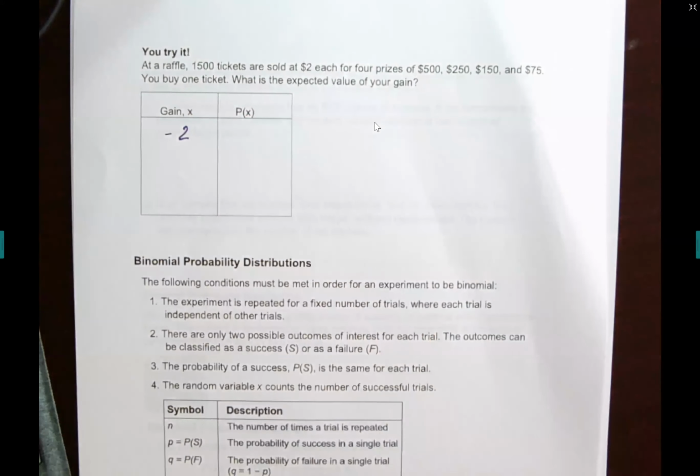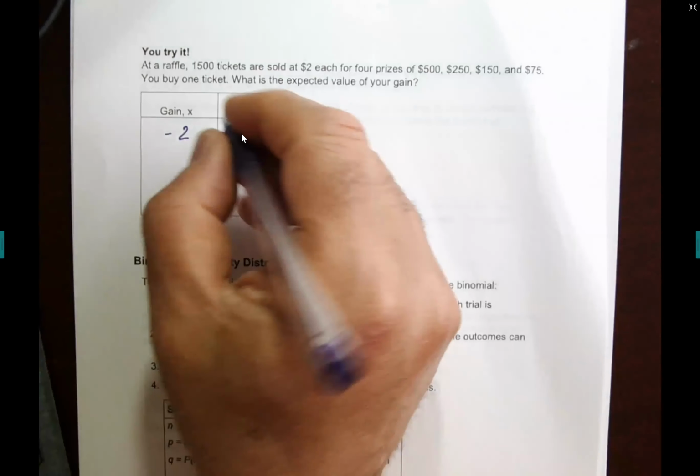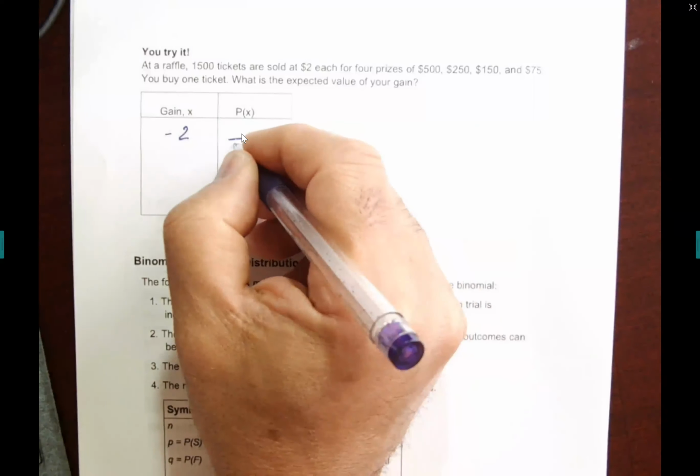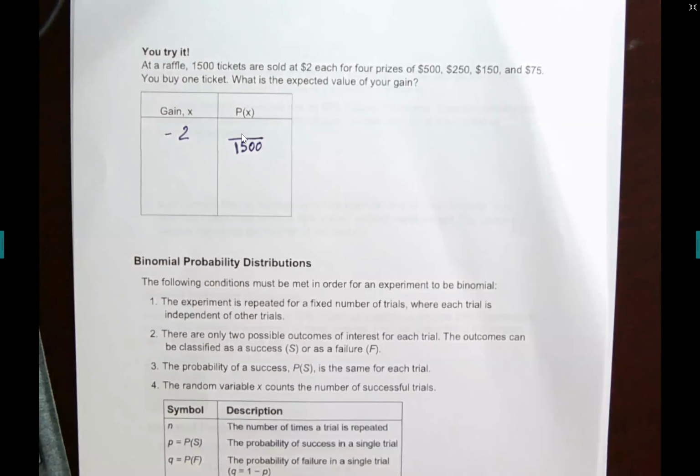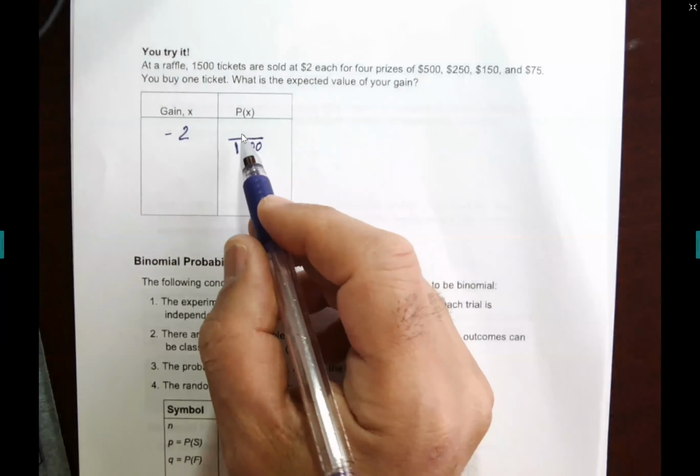Okay. What is the probability of losing now? So you're going to lose this $2. Once you put in $2, what's the probability of losing? Anyone can help me out? It's a denominator here. How many tickets do we have? 1,500 tickets. How many tickets are losing tickets?